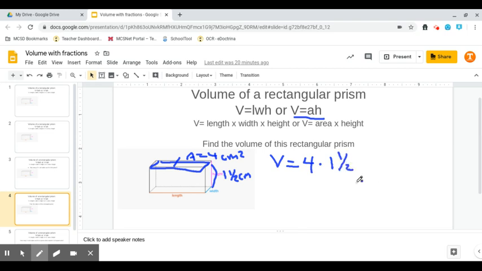Okay? In order to do this, remember, we have to do something before we can multiply fractions. We've got to make this mixed number into an improper fraction. So that becomes 2 plus 1 is 3. So that makes it 4 times 3 over 2.